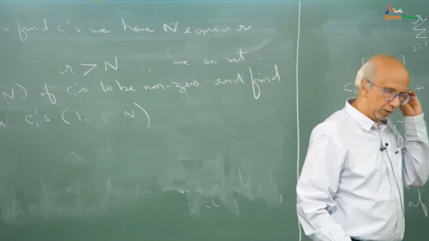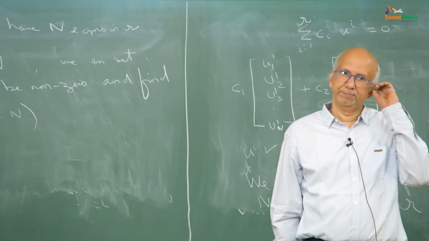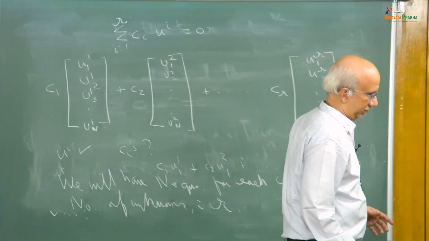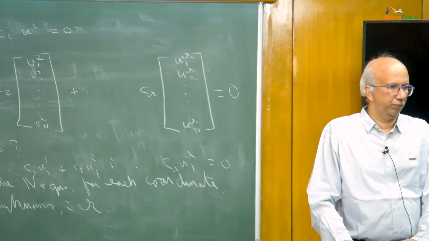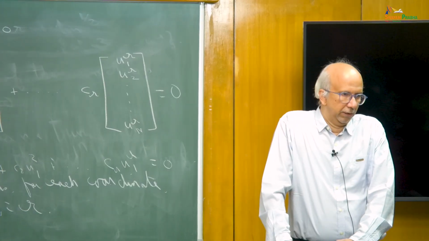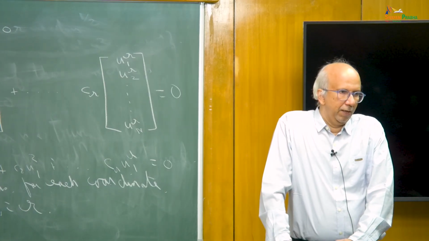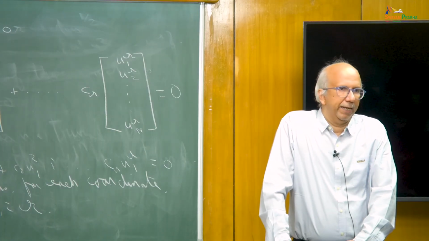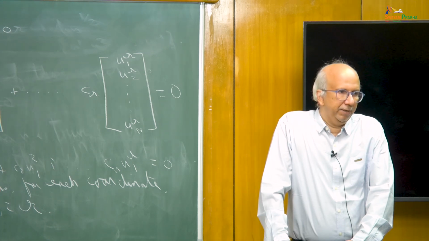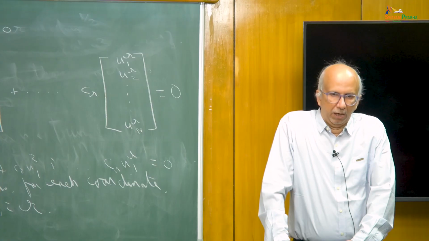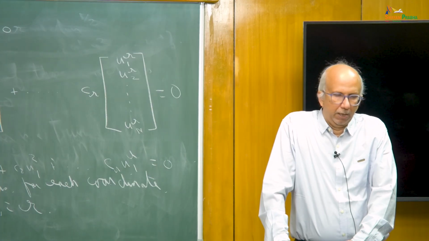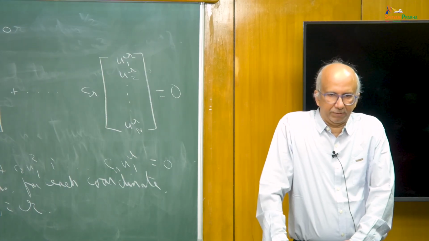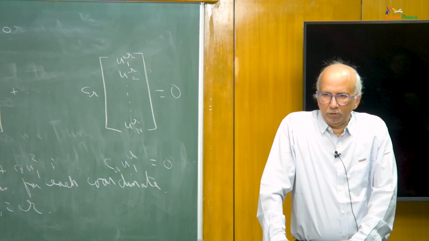I can definitely put some non-zero value for the extra unknowns, and then I will have a system of equations which I can solve for the others. So, if R is greater than n, I will always have a non-zero Ci possible, and therefore I will always have a dependent set, because now I have a non-zero Ci.